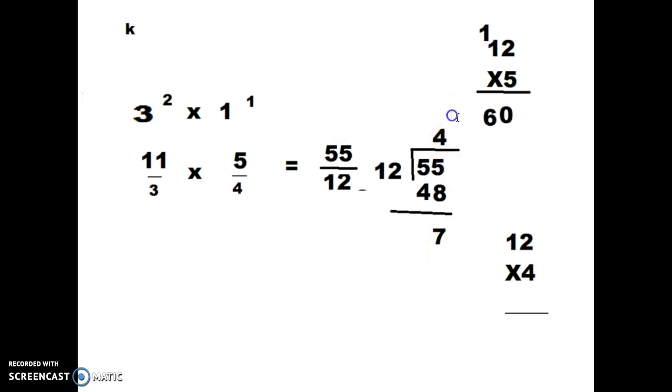So our remainder is 7 over, it's going to be 12, right? The number we're dividing by. 7 over 12. So our answer is 4 and 7/12. And that is the word new. So K will be new.